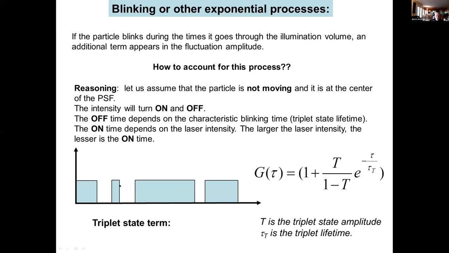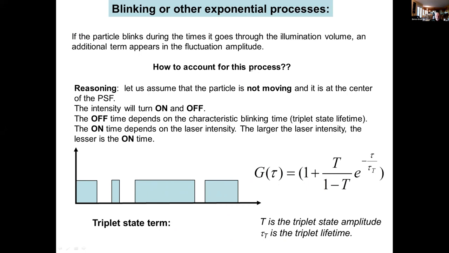For example, suppose a molecule is in, a molecule is not in, a molecule is in, a molecule is not in, and then I can assume that the time a molecule is in or not in is essentially like a lifetime. So the length of those segments will be like a lifetime.